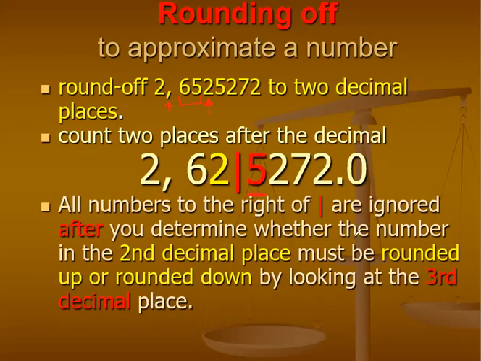The aim is, after two decimals, make a split and see the number you are supposed to consider. Sorry, it's not 66, it's 63, so that would be 2.63. That would be your rounding off.